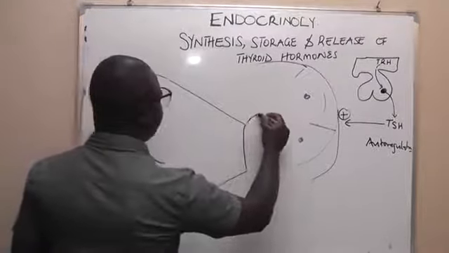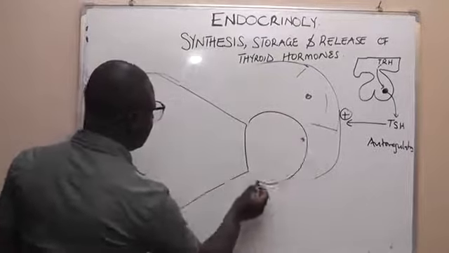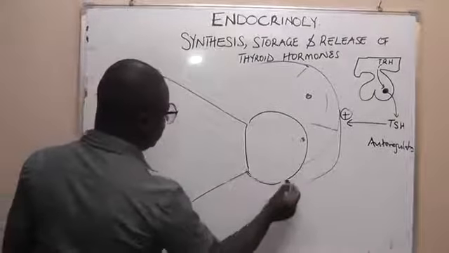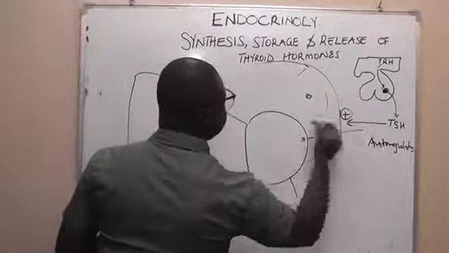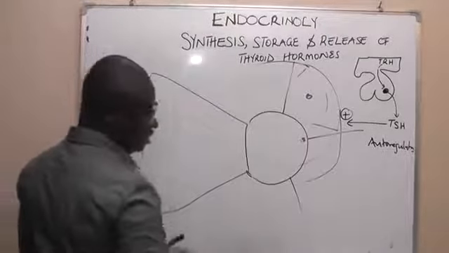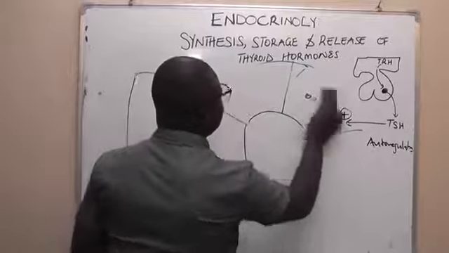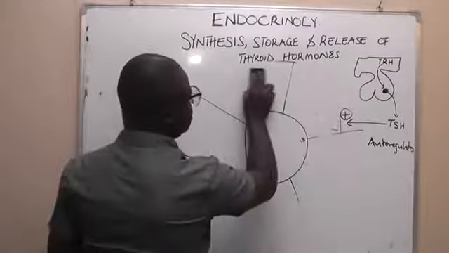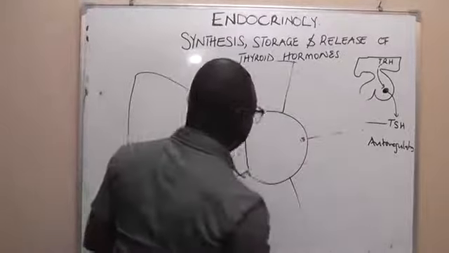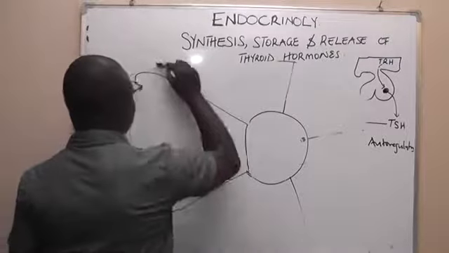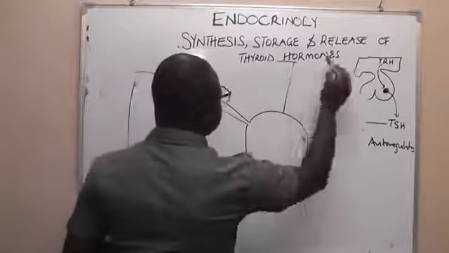Remember, we have a central portion known as the lumen, and then you have other cells like this. Okay, let me make it neat so that it's not confusing. All right, so let's assume we have something like this.